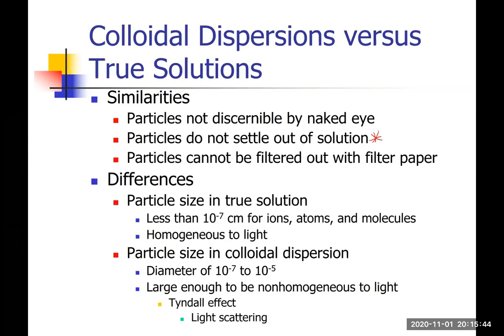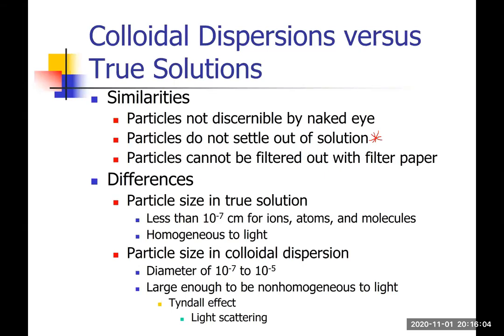The particles for both true solutions and colloidal dispersions cannot be filtered out with filter paper, and so we cannot use filtration to distinguish between these two. We can't filter solutes out of a solution because the particles are too small. They'll go straight through the filter paper pores.